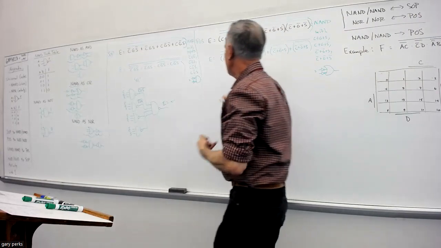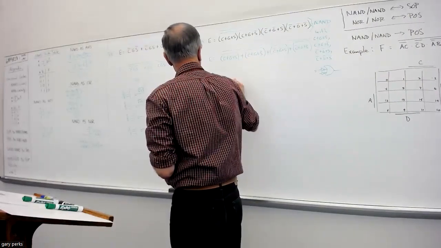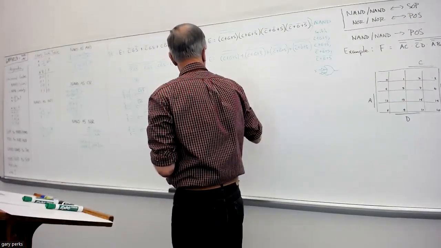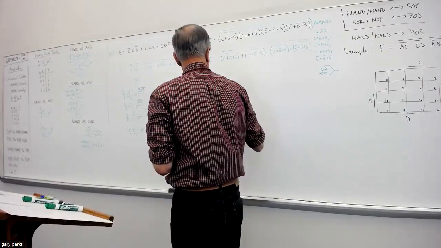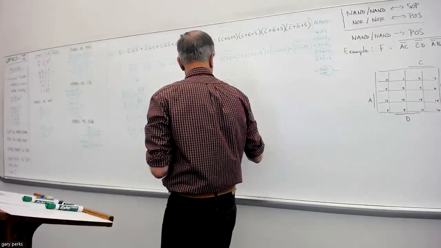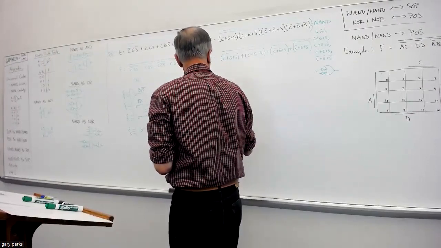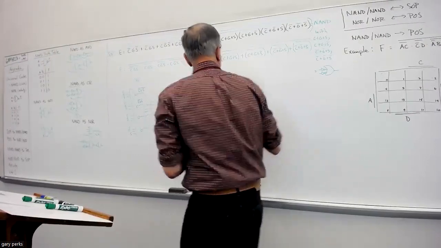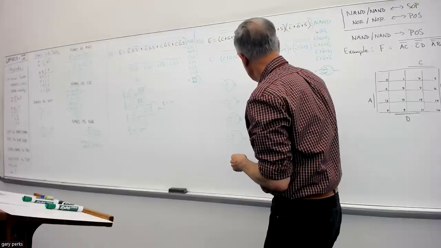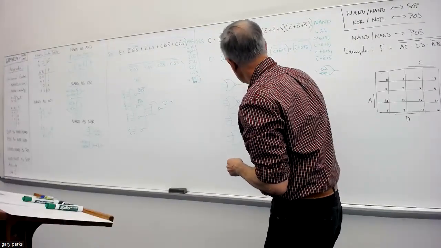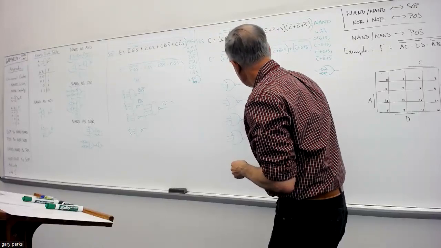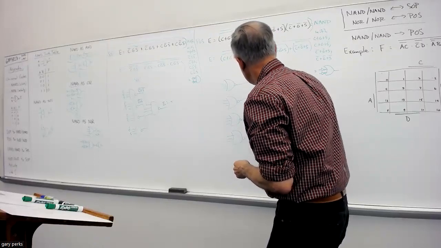So you would have 4 NOR gates and 3 inputs. And you got another NOR gate here. All these outputs go to that NOR gate.